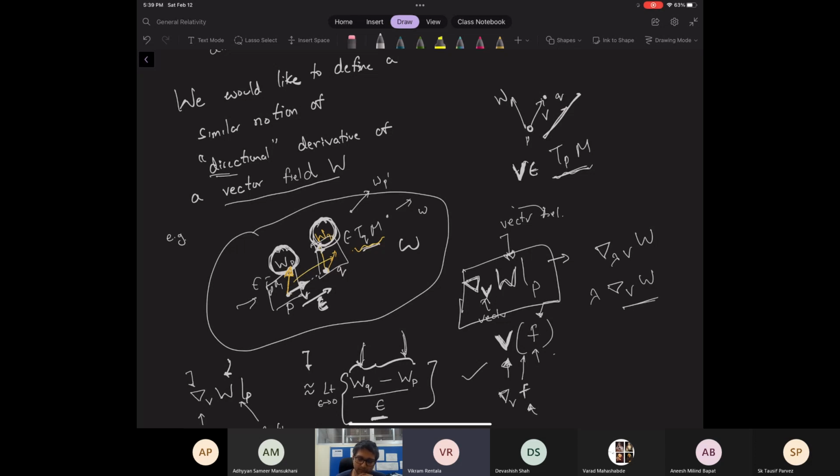We'll assume this property of the derivative. Actually, in general, this lambda can be position dependent, so you can think of this as a function on the manifold. For any function, this derivative we'll assume satisfies this property.